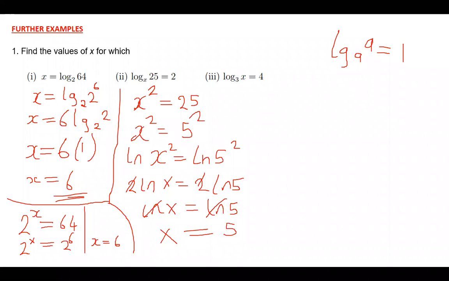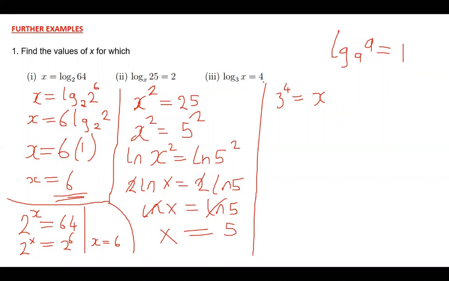So let's quickly go on to the last question. The last question is saying log x base 3 is equal to 4. So here, if we want, we can convert that to exponential. So when you convert that, it's going to be 3 raised to power 4 is equal to x.